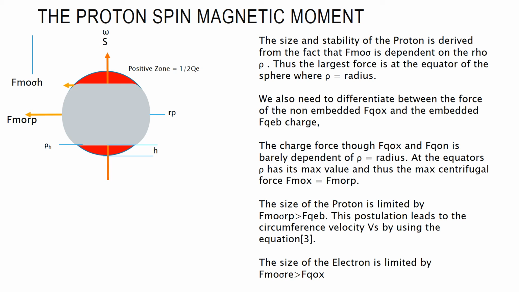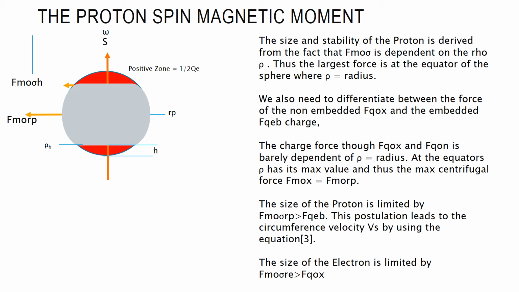Again, we're differentiating here between the force of the non-embedded charge and the embedded charge. The embedded charge can handle about 10 times the centrifugal force, which is largest at the equator.